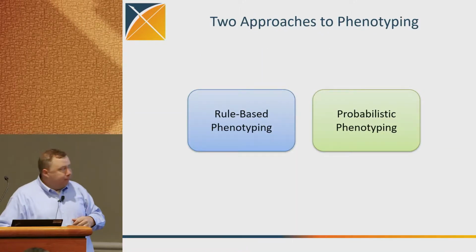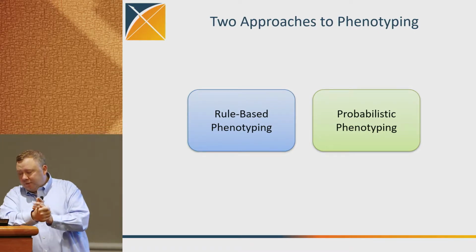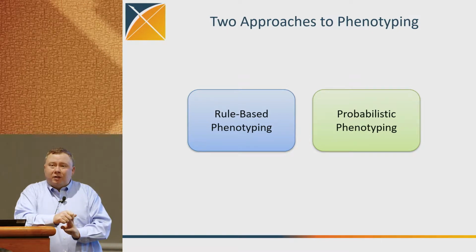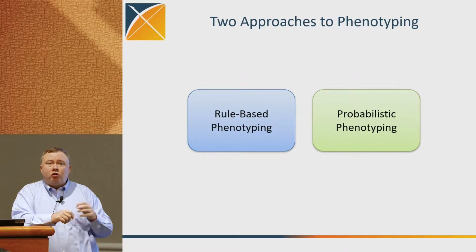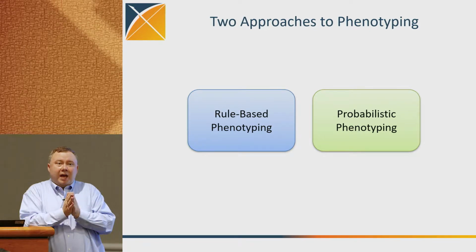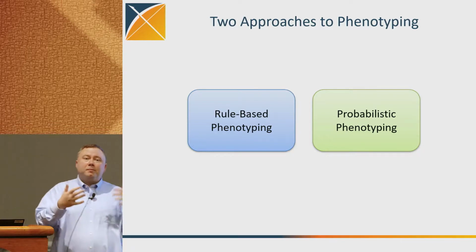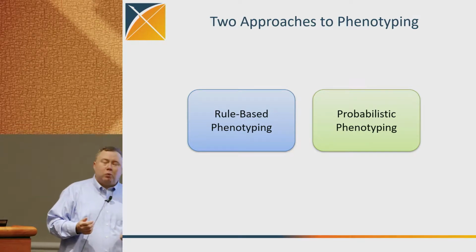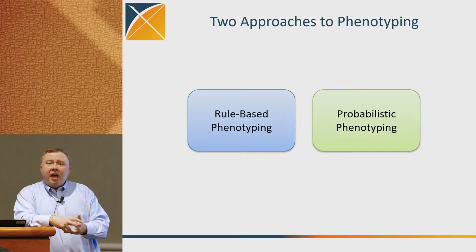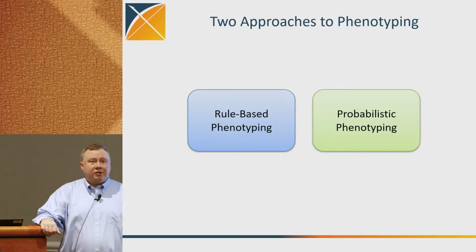Now there are two primary approaches to phenotyping, and for purposes of today's class, we're going to focus on one. There's rule-based phenotyping, which is the idea that you create some sort of heuristic that defines that a person either belongs or doesn't belong to a phenotype based on some set of criteria associated with their observations. And Atlas is an example of a tool that implements rule-based heuristics.